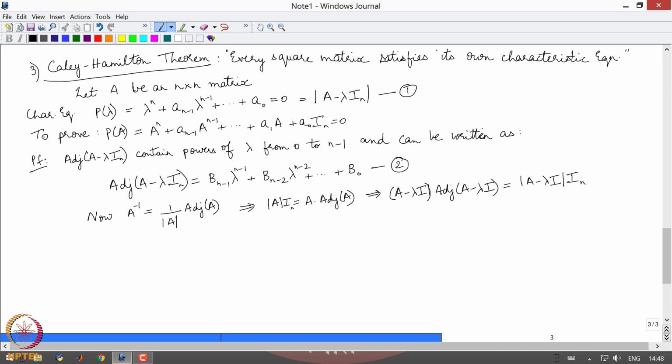So, now in this equation I will substitute 1 and 2 in the adjoint and the determinant of A minus lambda I. So, then I will get something like this.